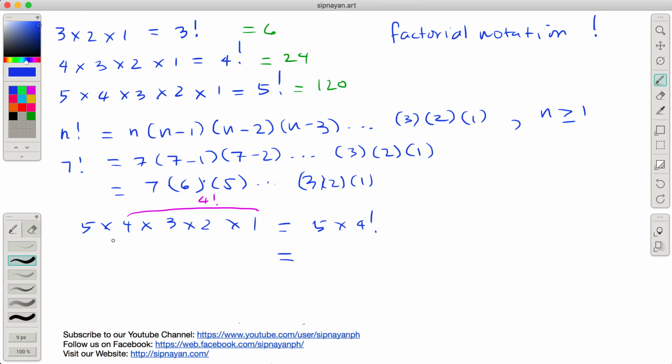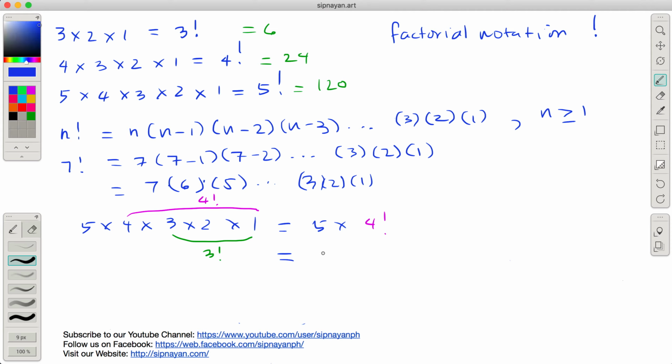Pwede rin natin siya isulat as, for example, ito. This is 3 factorial, 3 times 2 times 1.